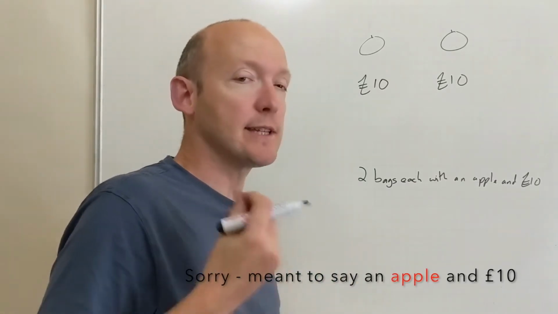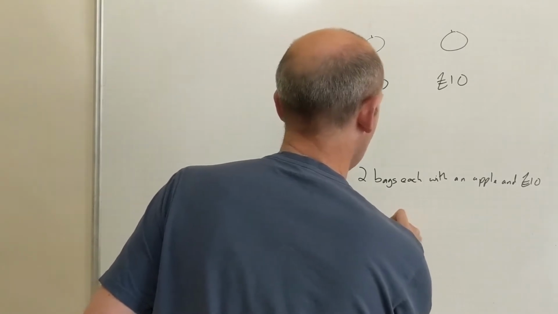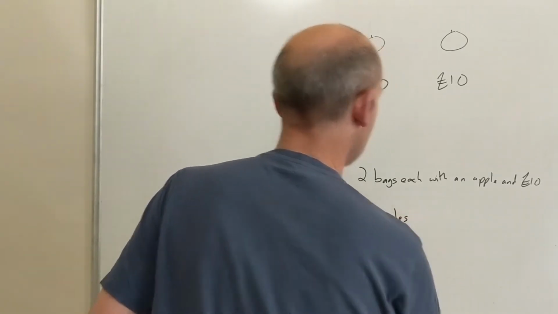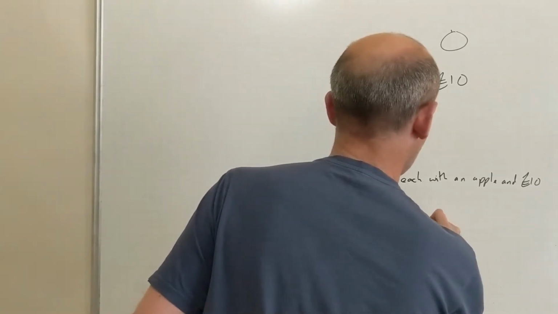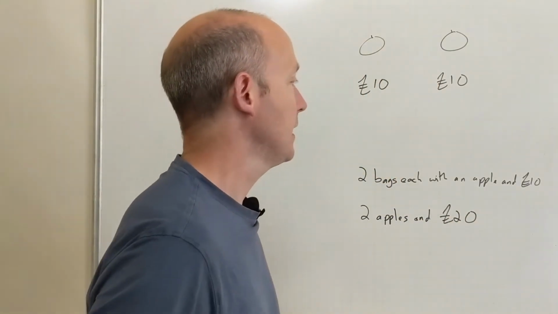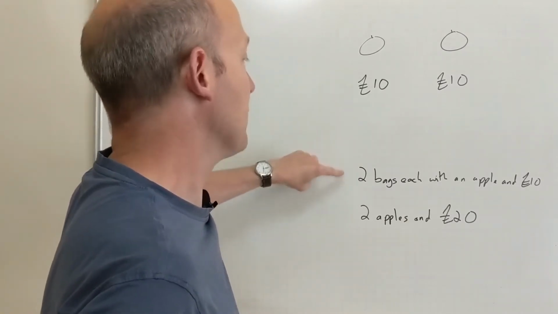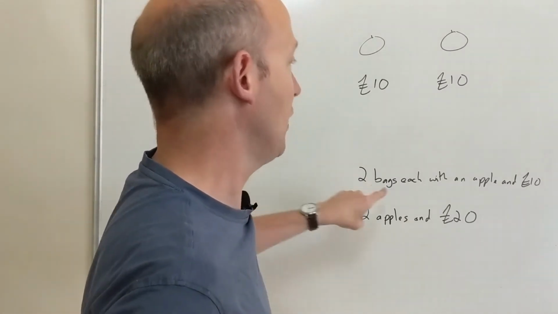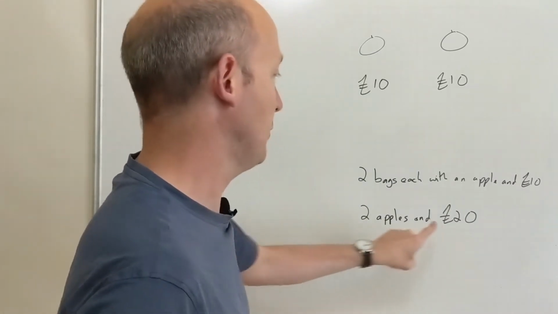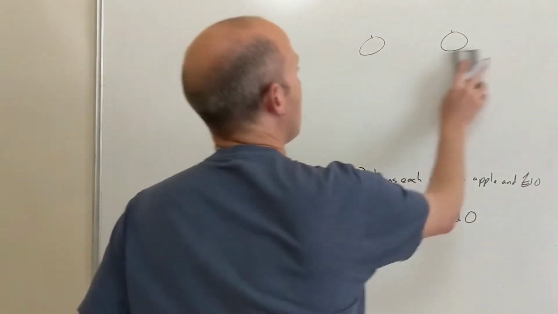More likely what I'm going to say there is I've got 2 apples and £20. So 2 different ways of describing the same thing, either 2 lots of an apple and £10 or 2 apples and £20. They're equivalent.